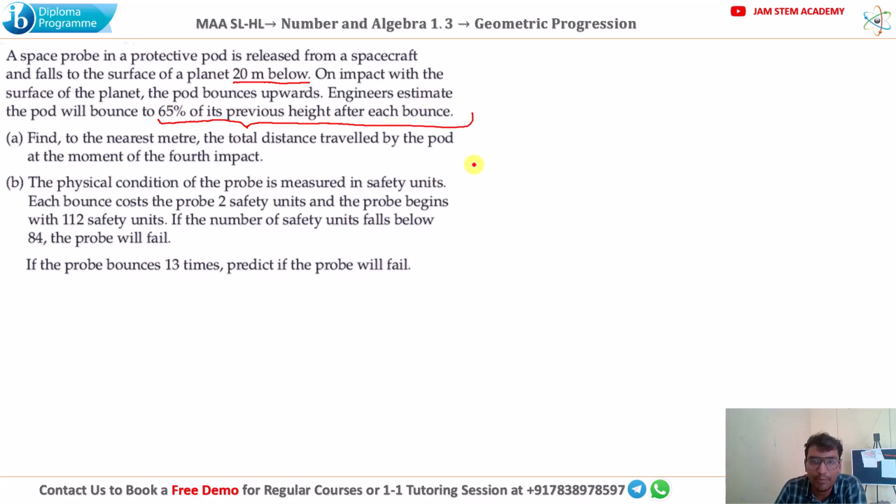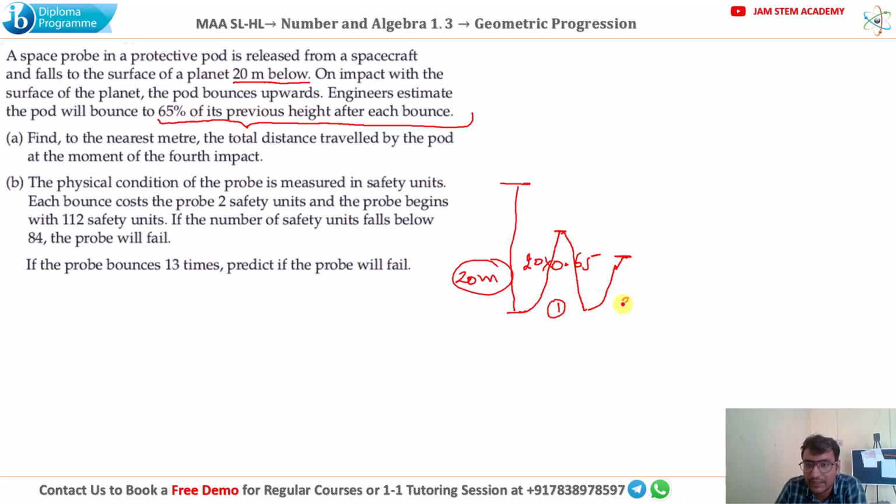So the probe falls from this height of 20 meters. Now it bounces back and goes up to 65% of that 20, so 20 times 0.65. Then it comes back, travelling the same distance, and bounces again. This is the first bounce.